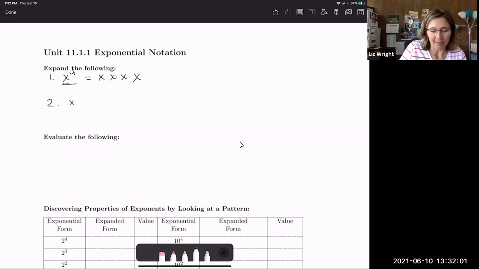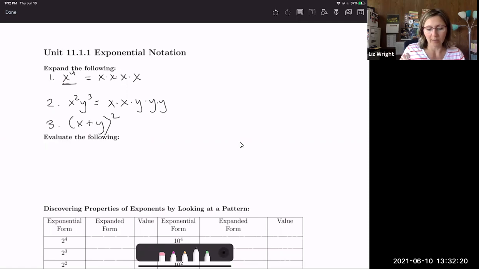Another one, if we have x squared y to the third, that's going to give us x times x times y times y times y. And one that is a little bit different is the quantity x plus y squared. This is one that gets commonly missed. People will just say it's x squared plus y squared.